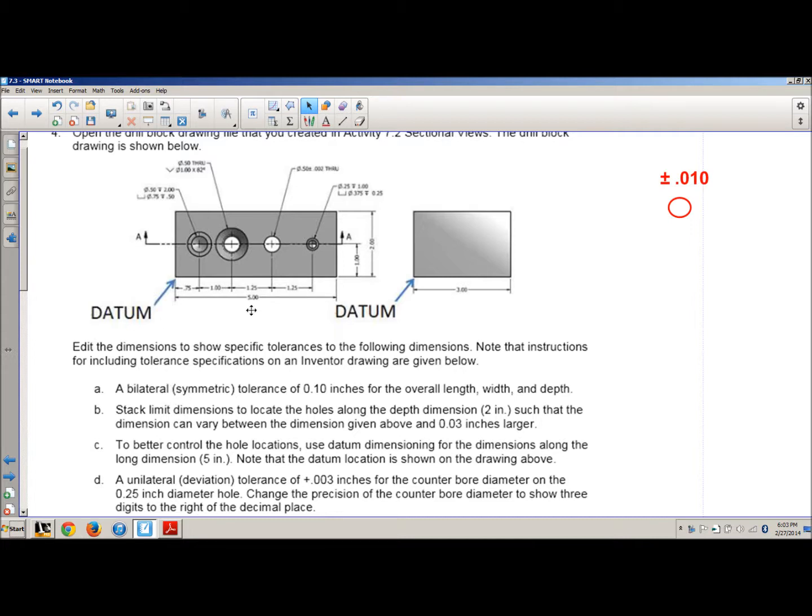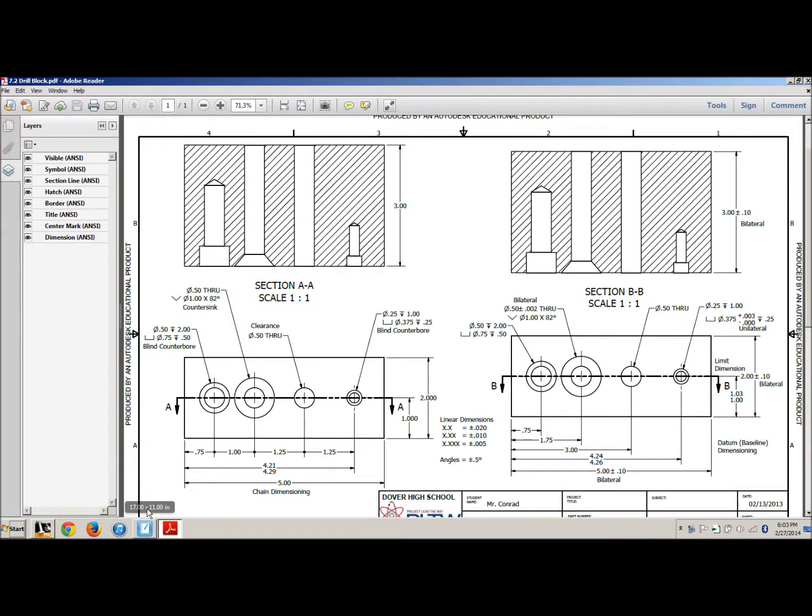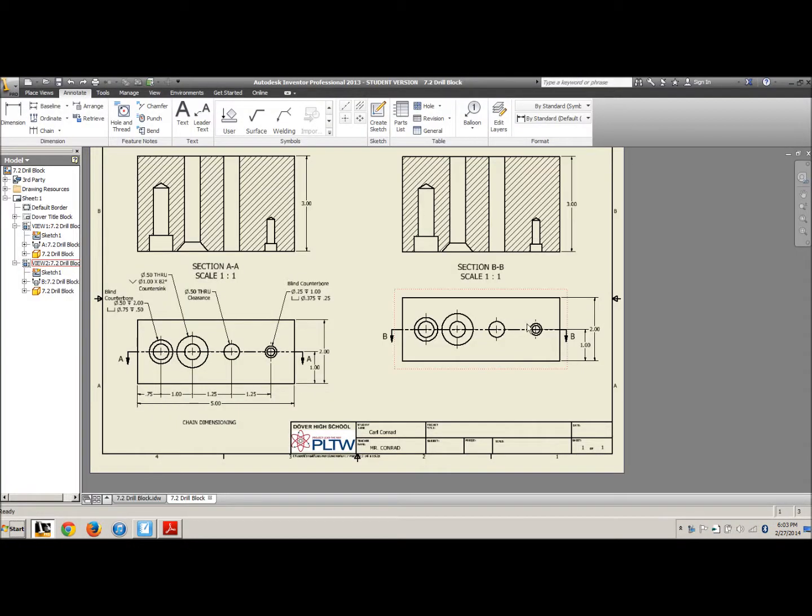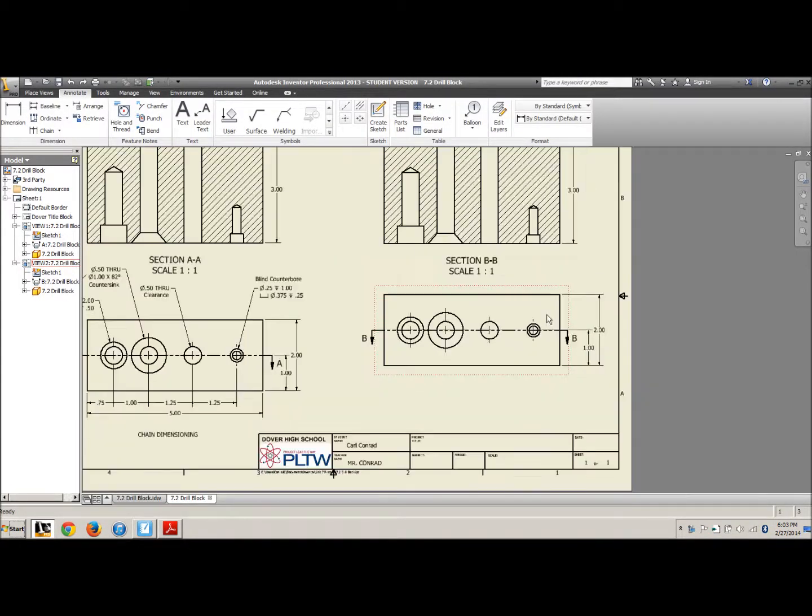So the first thing we want to do for overall length, width, and height, we're going to put a bilateral symmetric tolerance of 0.10 inches on the overall length, width, and height. So let's see, I'm on the wrong file. So that means overall length, width, and height, and then we're going to use datum dimensioning as well.